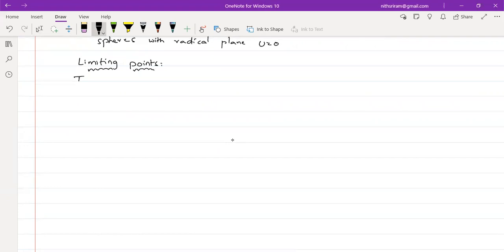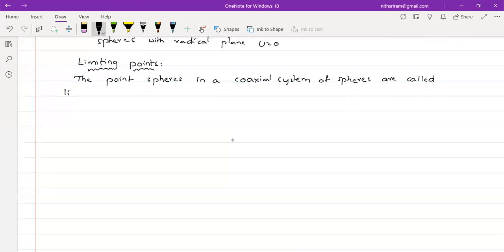The point spheres in a coaxial system of spheres are called limiting points of the coaxial system.